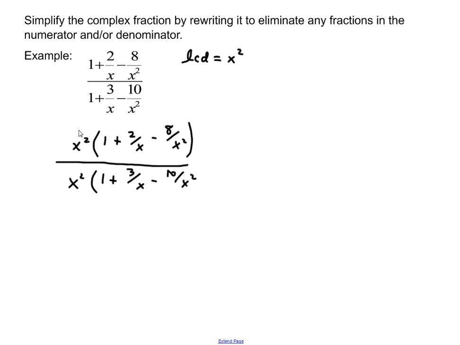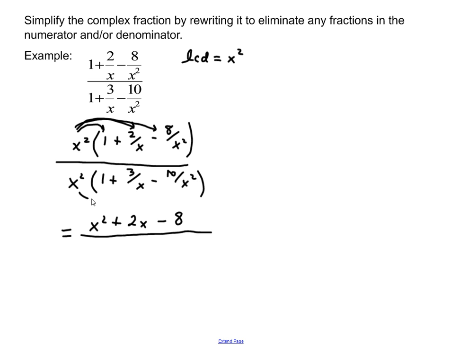Now we distribute. x squared times 1 is just x squared. This is just in the numerator now. If you take x squared and multiply it by 2 over x, you're left with plus 2x. One of the x's cancels out. And of course, x squared multiplied by 8 over x squared is minus 8 here.